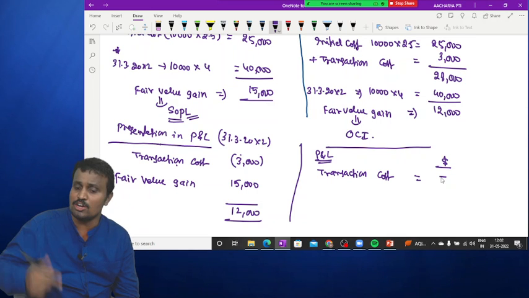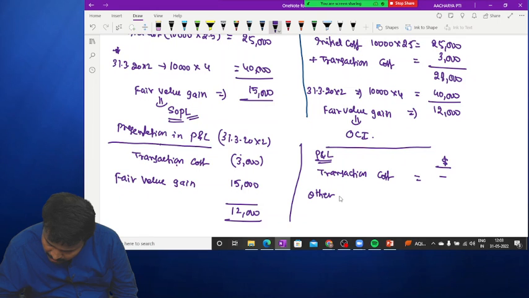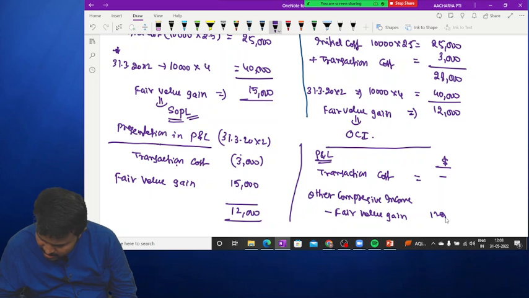So nothing was considered. Then other comprehensive income. In this case, we have to show what? Fair value gain. How much amount is there? 12,000. What is the net impact? 12,000.